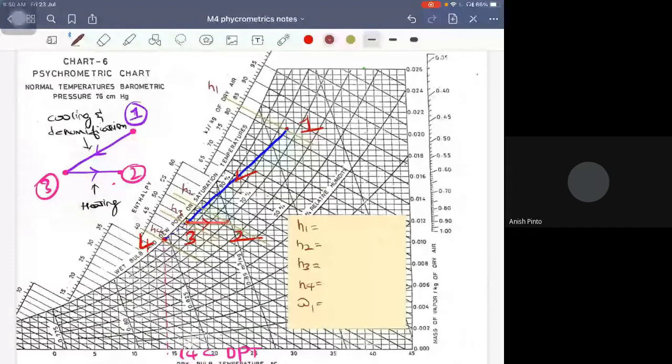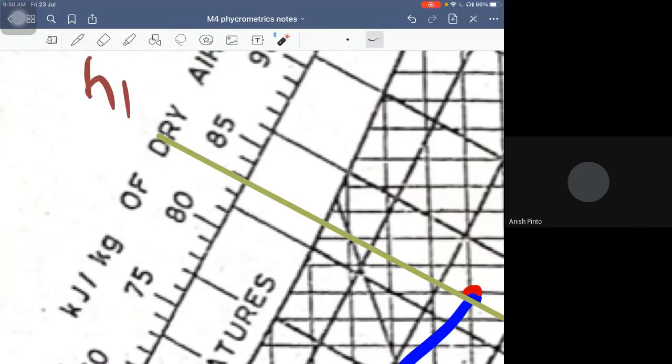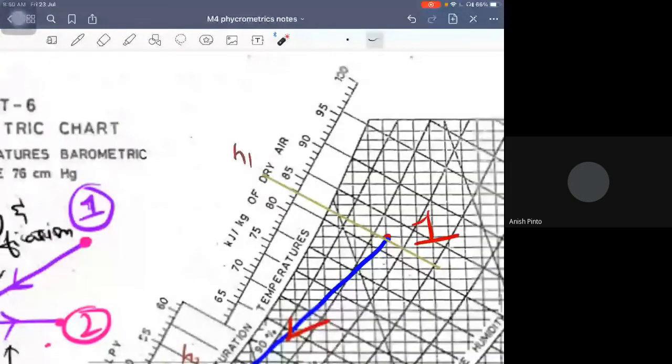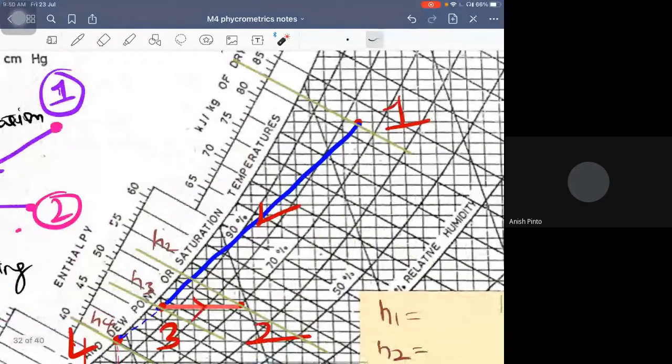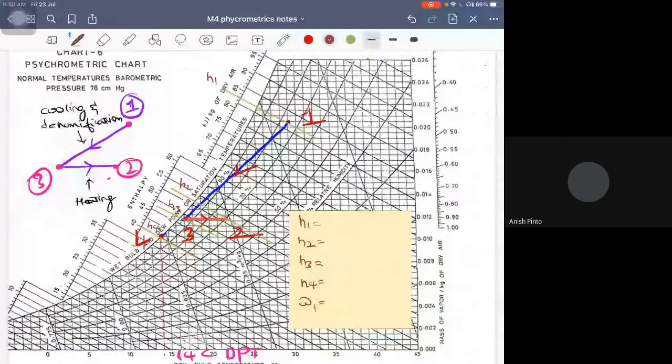Looking at the scale, here is the H1 value. What is the value? Anyone? I will zoom it out if you want. What is the value? 83. We will take it as 83. So now I would write 83 kilojoules per kg. Correct?